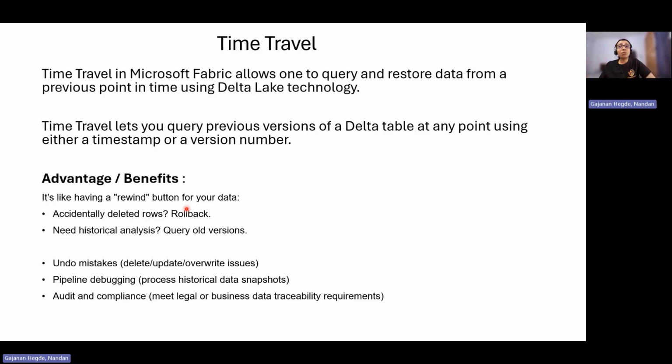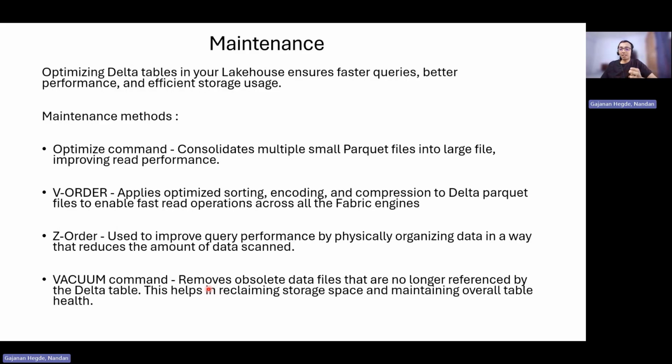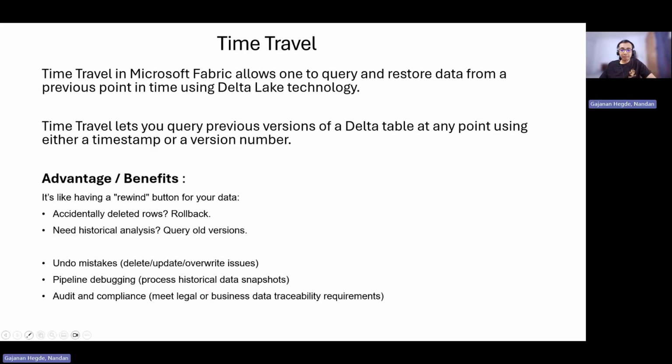I can go and query the old versions of the data. So in layman terminology, I can undo the mistakes that I had done with respect to delete, update, overwrite issues. I can use it for debugging purposes like process historical data snapshots, or I can do it for audit and compliance in case I have to meet data traceability requirements, historical data traceability requirements.